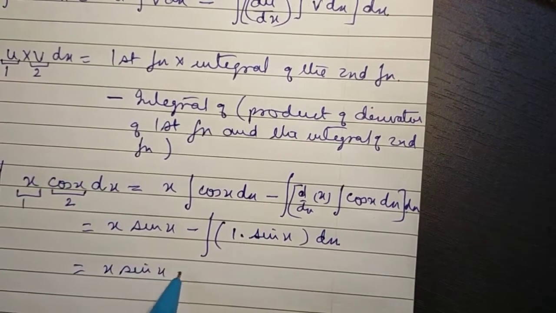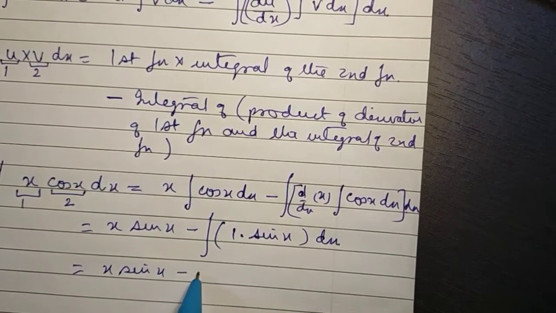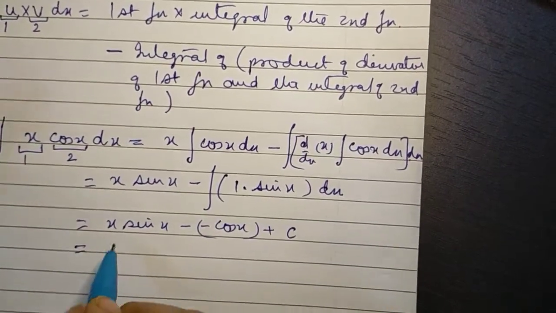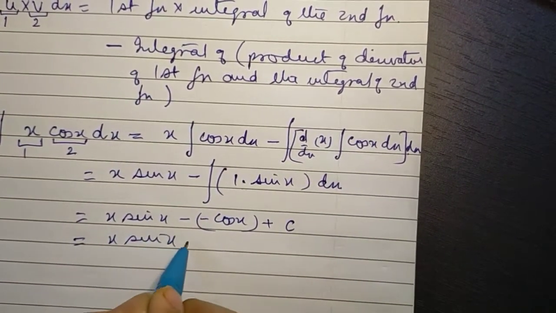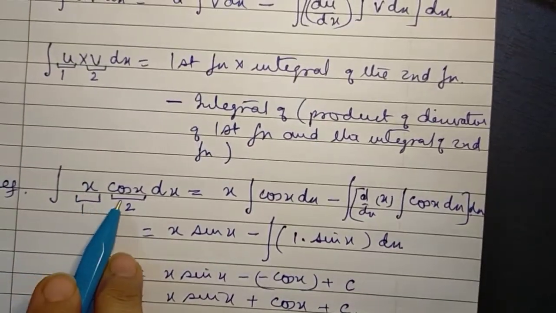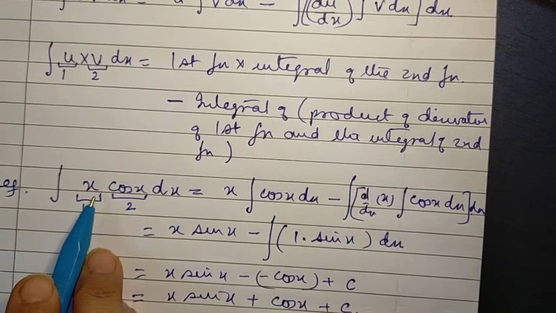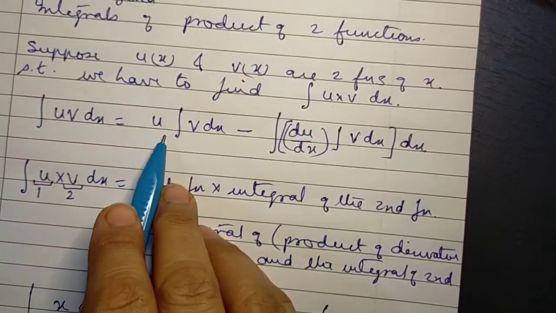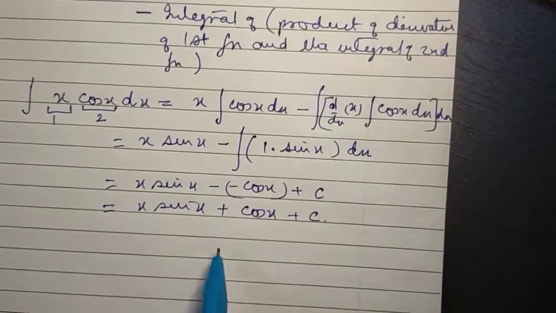So x sin x minus integral of sin x, which is minus cos x, plus c, and so the result comes out to be x sin x plus cos x plus c. So a function which otherwise felt like we didn't know how to solve, using this method of integration by parts we could solve very easily.